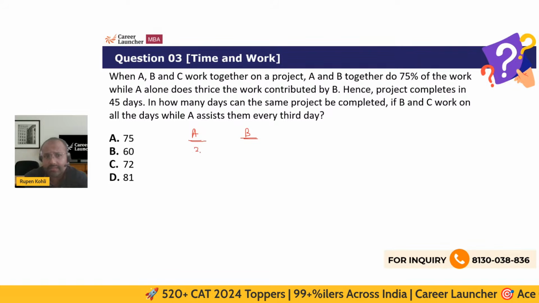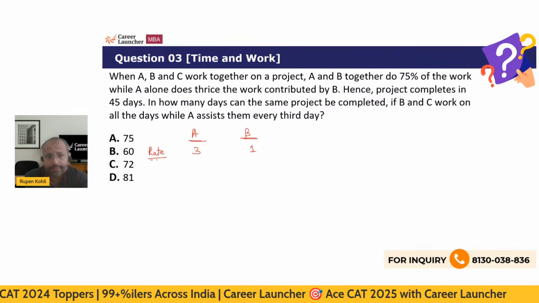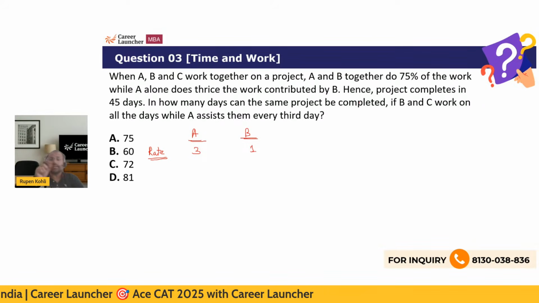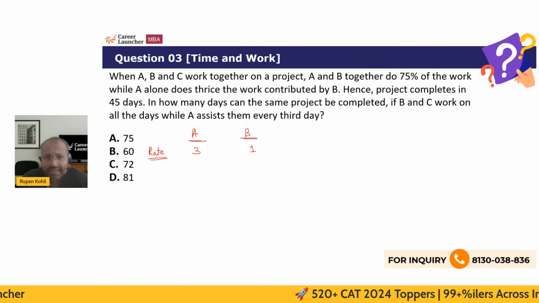Let's call that 3 and 1. This is the work rate which I'm trying to say. Whereas the work done by A and B together, which is 3 plus 1, 4 units, is 75% of the total work. So the remaining 25% is done by C.